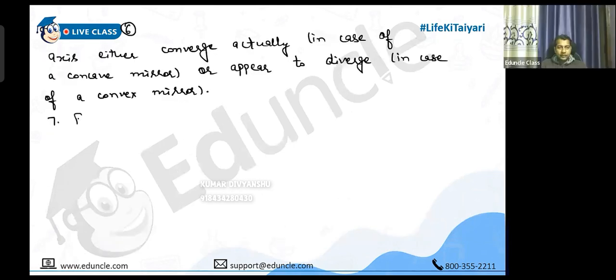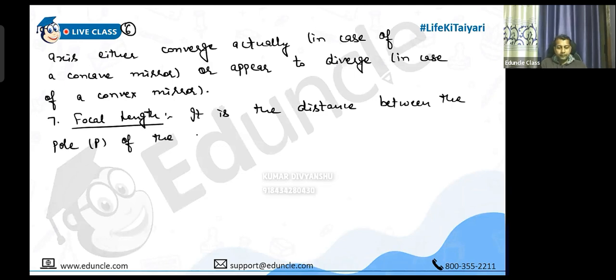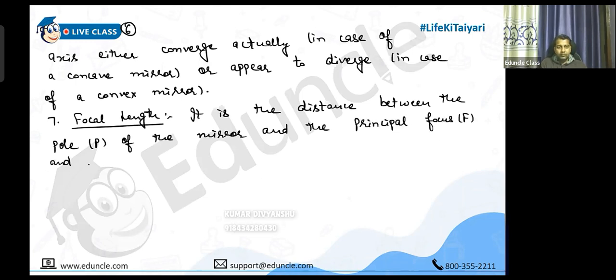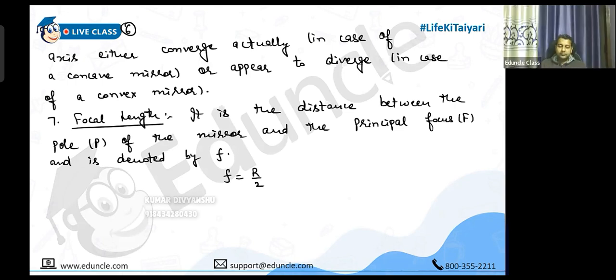And the last one is the focal length, which is very important for a mirror. It is the distance between the focus and the pole, and is denoted by F. So F is always equal to R by 2, na? Half of the radius of curvature. Okay. Yes, sir. This means the focus lies midway between the center of curvature and the pole.